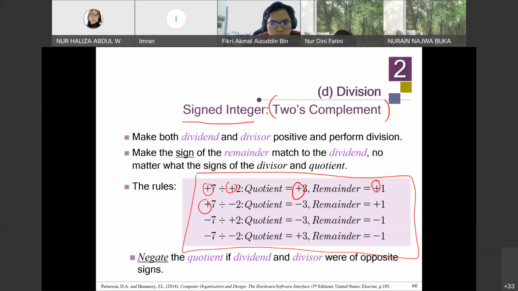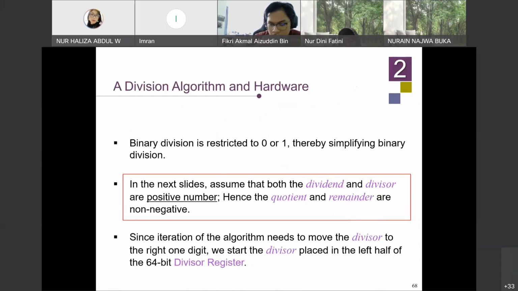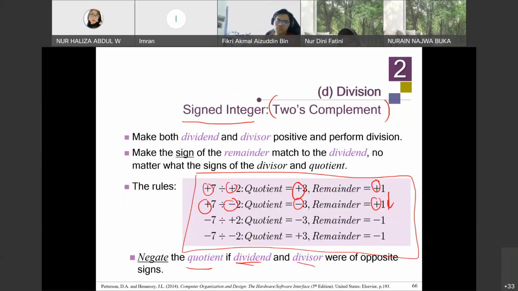If positive and negative, what will happen to your quotient and remainder, etc. Negate the quotient if the dividend and divisor are of opposite sign. So that's why sometimes there is a problem related to 2's complement, similar to addition, subtraction, and multiplication. You need to have another new algorithm for you to come up with the direct answer.